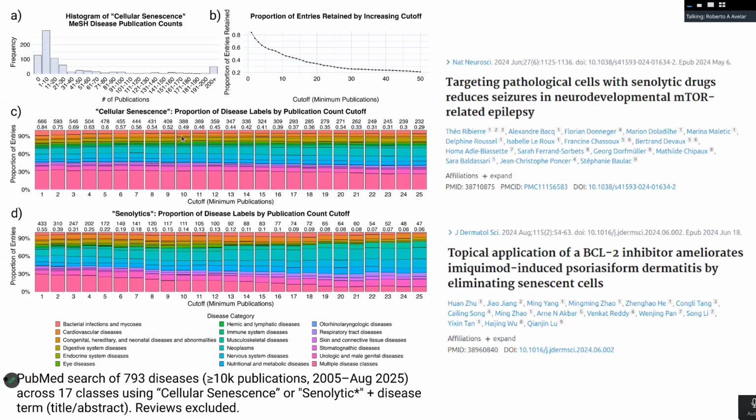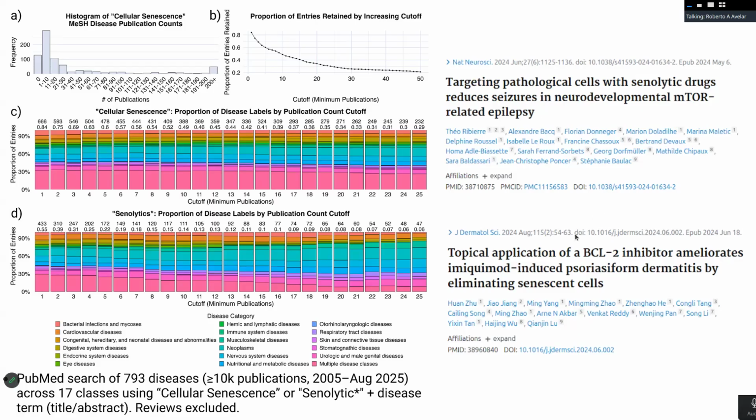And some of these diseases that don't have very many links, like seizures, what does a seizure have to do with senescence? Apparently a lot, because if you selectively eliminate senescent cells in rats with induced seizures, they seem to get better.